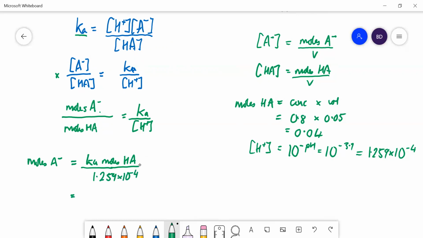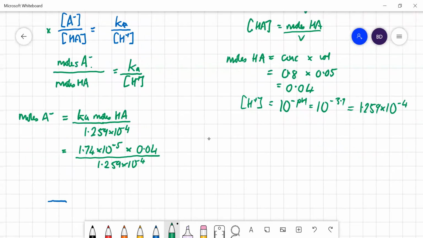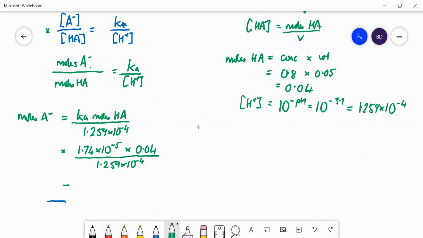Ka, they tell us, is 1.74 times 10 to the minus 5. Moles of HA was 0.04, over the hydrogen ion concentration. Put that into the calculator, we get a value of moles of A minus equal to 5.528 times 10 to the minus 3.